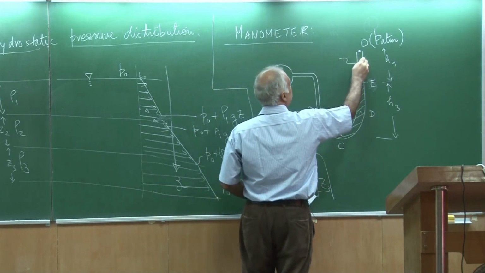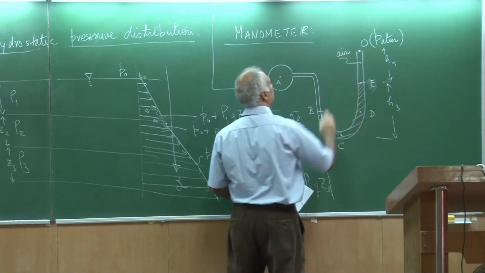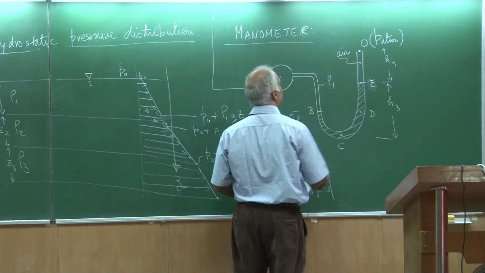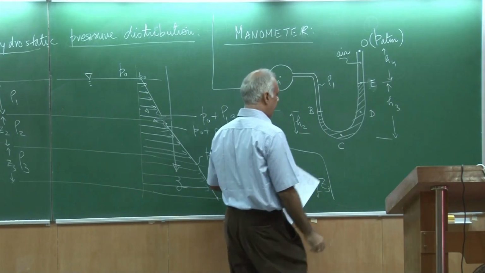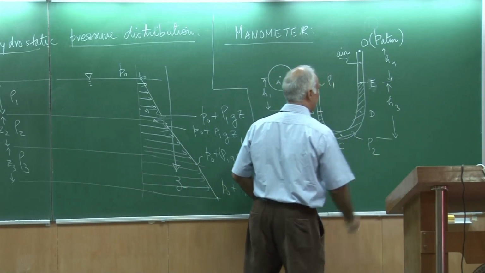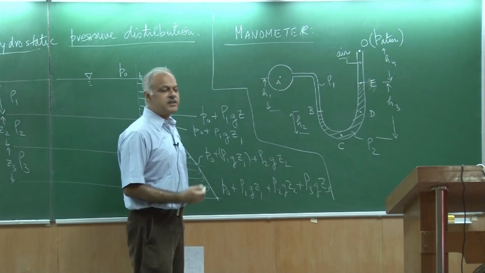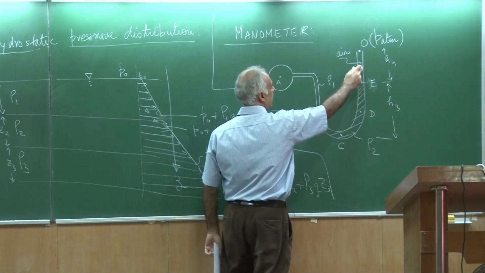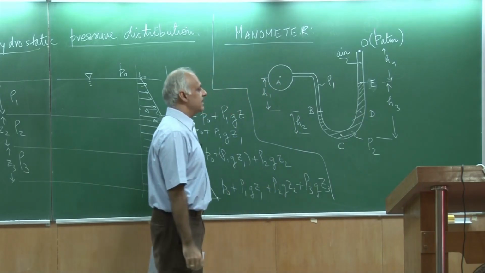Let me say this is air, and this is a certain fluid of density rho 1, and this is a certain fluid of density rho 2. So, in principle I could have 3 fluids, one of density rho 1, rho 2, and then air. So, this is quite general.